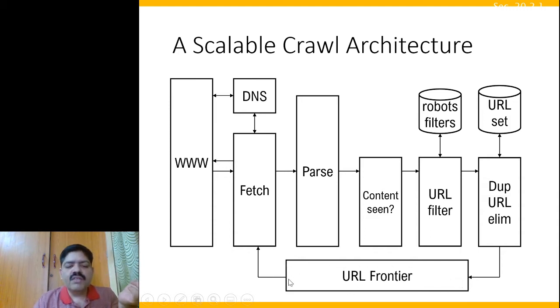Think of this as a priority queue, which has lots and lots of URLs. Whenever we fetch, we look for URLs in the content and we add them here after all the filtering. This is a priority queue because as we add URLs to the URL frontier, we want the one at the top to be the one with higher priority.